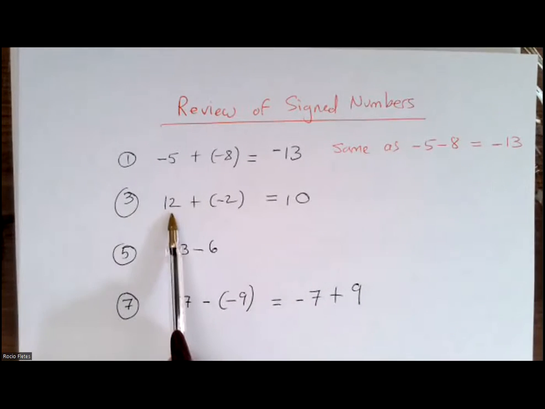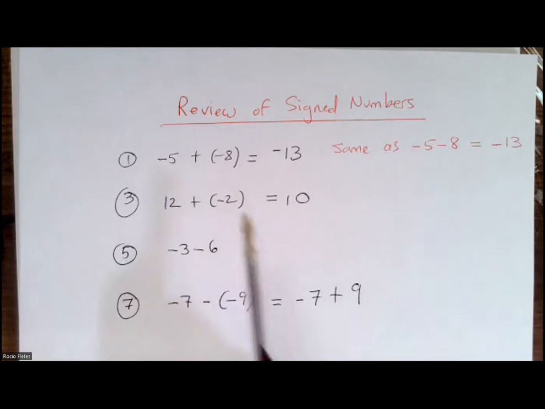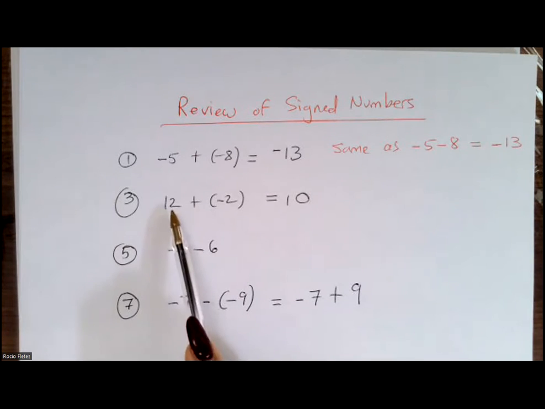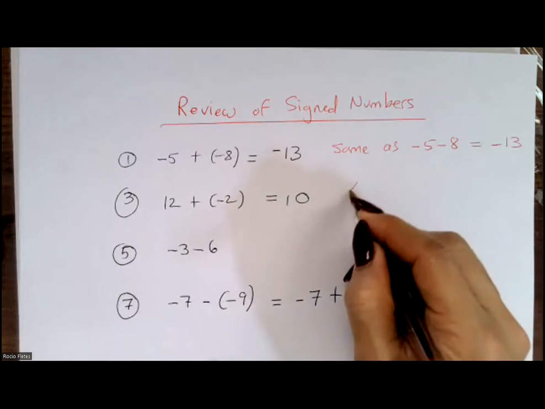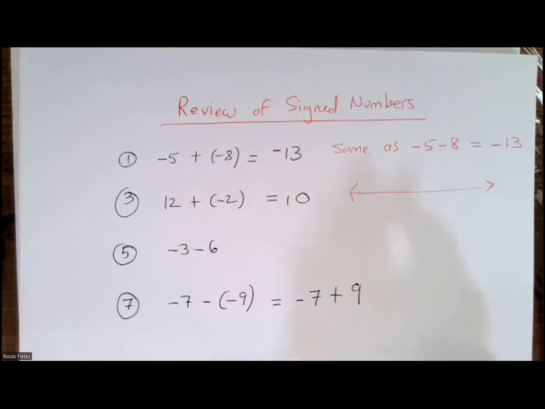Notice here for number 3, I'm adding a number that has a positive sign and one that has a negative sign. If I add a positive and a negative, it depends on which number has more value. So I have a 12 and I'm adding a negative. You can think of this on the number line.